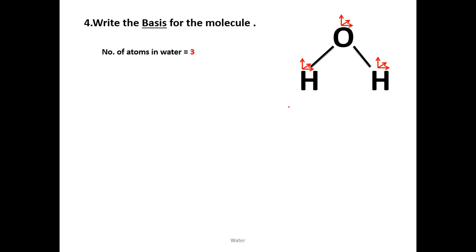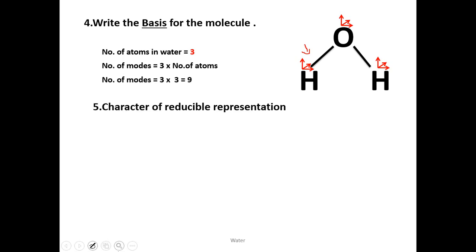So the number of atoms in water is 3, and the total number of modes present is 3 into number of atoms, because in every atom there are 3 coordinates. In every atom there are 3 vectors, and so the total number of modes will be equal to 3 into number of atoms. In water molecule there are 3 atoms, and so 3 into 3, 9. Total number of modes will be 9.